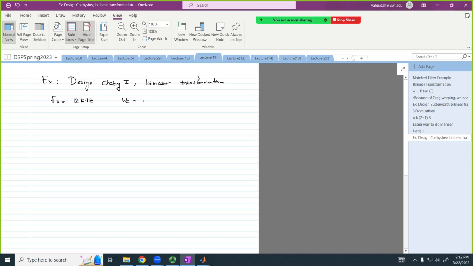Omega cutoff is the same as the previous example, 2000, and omega stop is 3000. We are allowing a ripple of 1 dB, and alpha is equal to 12 dB.